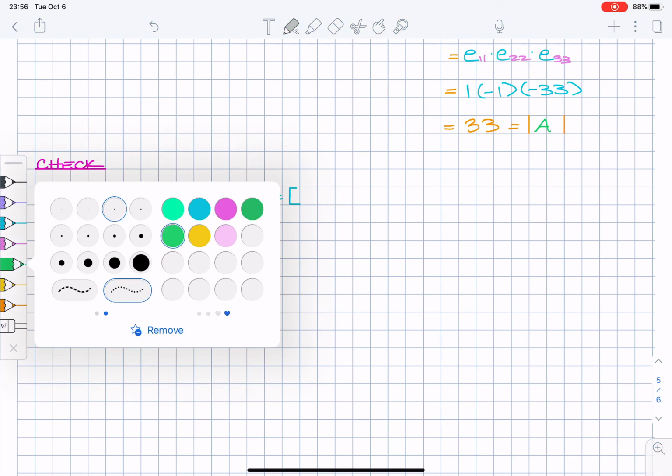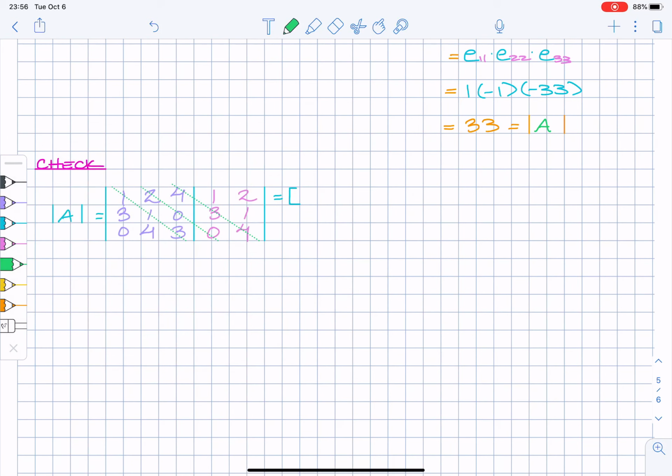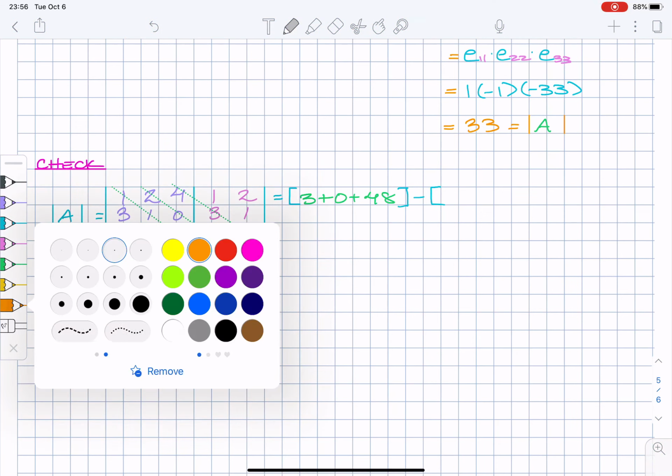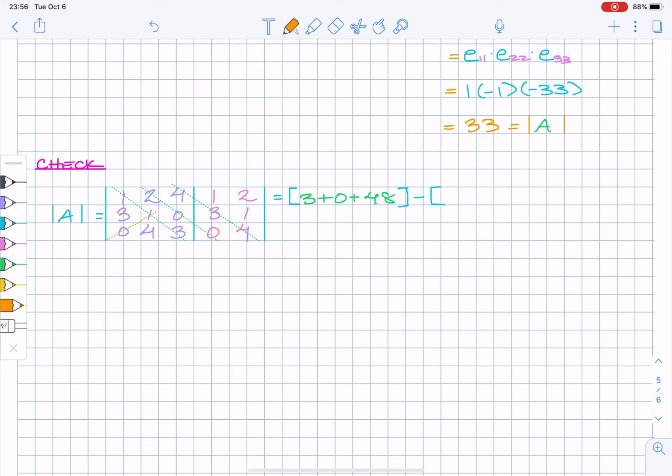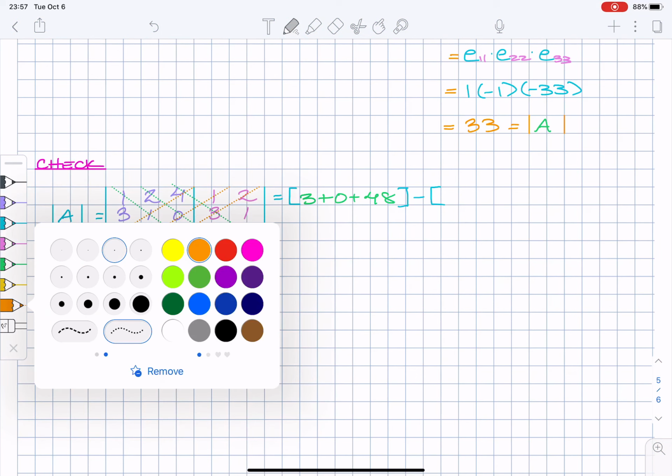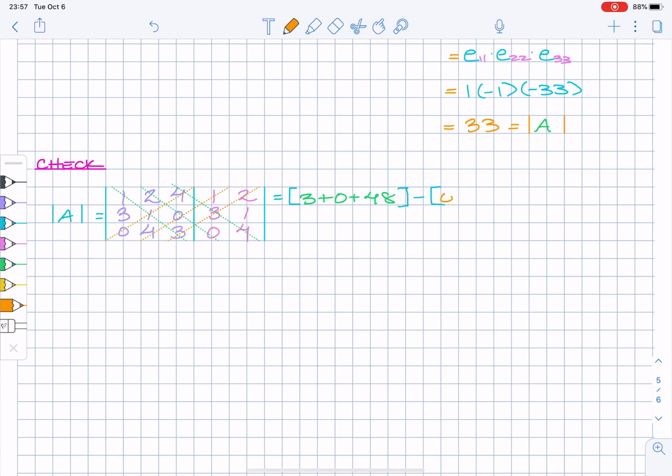Okay, so we're going to have 3 plus 0 plus 48. We're going to subtract from that the sum of all the products of the alternate diagonal entries, which are 0, 0, and 0. Those are numbers I like. Okay, so 0 plus 0 plus 0.